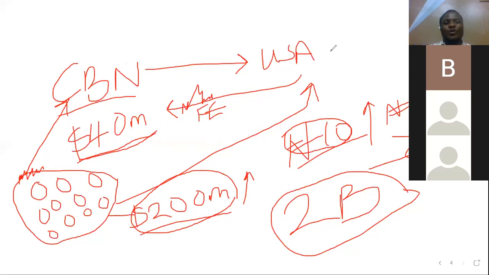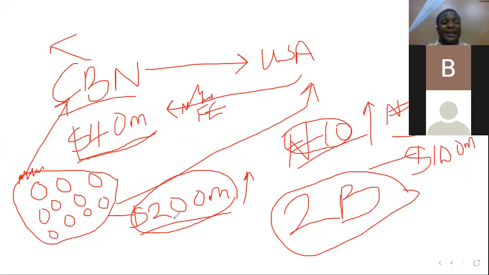CBN will now go to their foreign reserve. Remember, not every day CBN makes 40 million that Cubana and Co needs 200 million. There are days CBN will make 40 million, Cubana and Co needs only 10 million. There are days CBN will make 100 million, Cubana and Co need only 30 million.